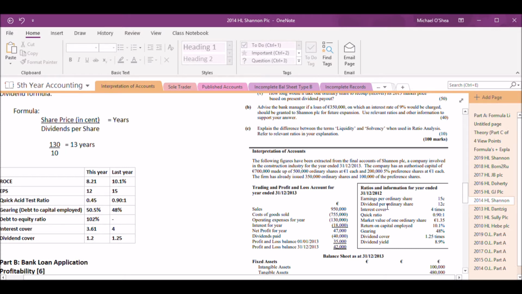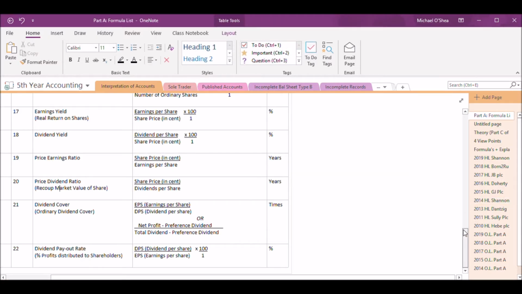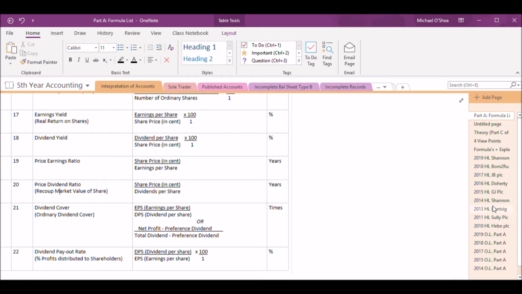So my dividend per ordinary share here is 12 cent, and my earnings per ordinary share is 15 cent. And I can use this to calculate my dividend cover. If they did not give me dividend cover, which they previously used to not give, I have two formulas for working it out: net profit minus preference dividend over total dividend minus preference dividend, or quite simply EPS over DPS, earnings per share over dividends per share.